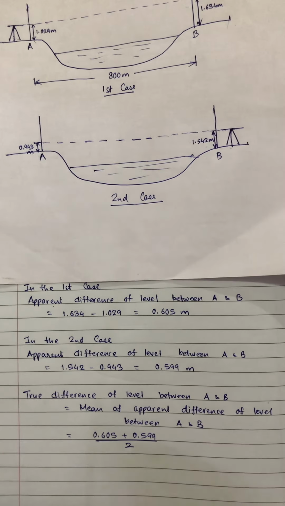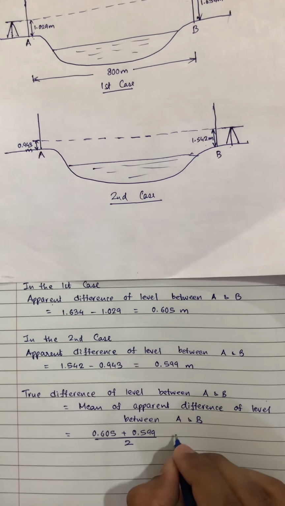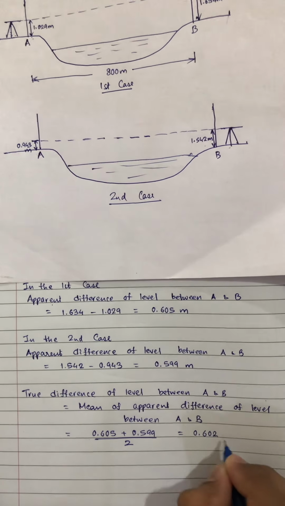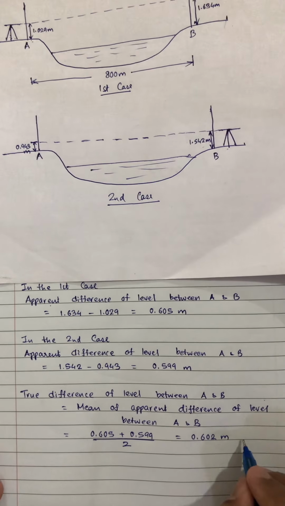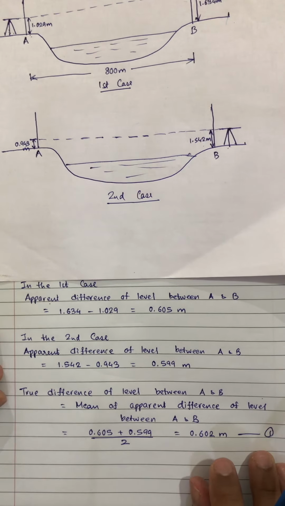So the mean of these two values comes out to 0.605 plus 0.599 divided by 2. So this value comes out to 0.602 meters. Let us call this equation number 1.